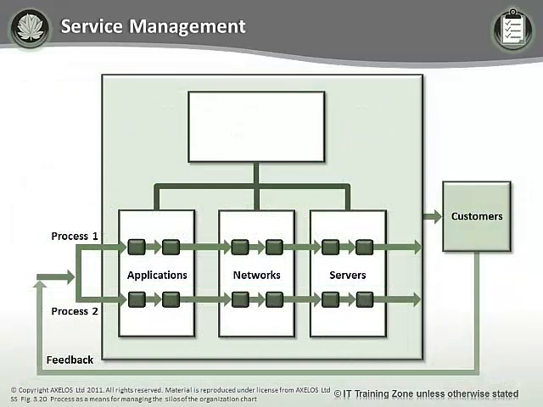This diagram shows a different approach, using processes to manage silos on an organizational chart. Improvement opportunities are found in the links between teams, rather than the teams themselves. IT service management needs to make sure that technical skills are in place, but it also needs to manage IT as a whole and align it with customer requirements.